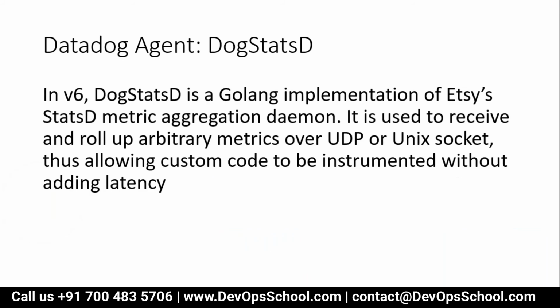So guys, in version 6 of the Datadog agent, DogStatsD is a Golang implementation of the etsy StatsD metric aggregation daemon. It is used to receive and roll up arbitrary metrics over UDP and Unix socket, thus allowing custom code to be instrumented without adding latency.